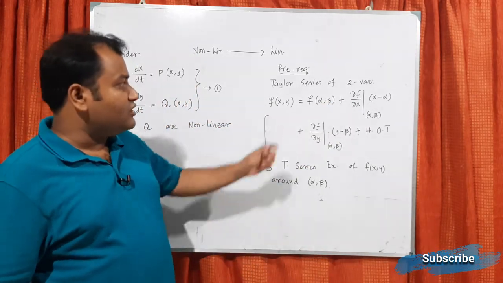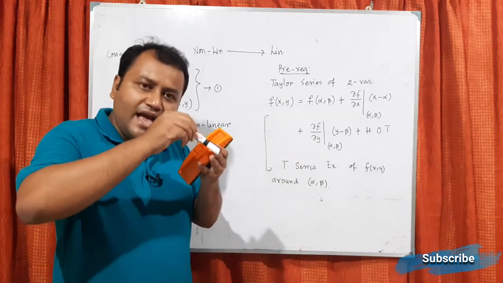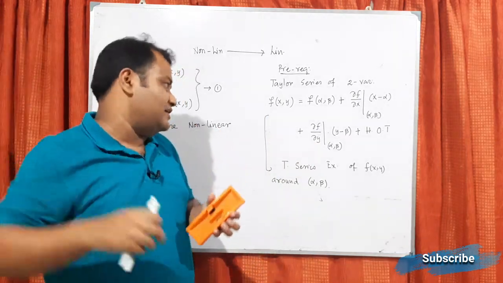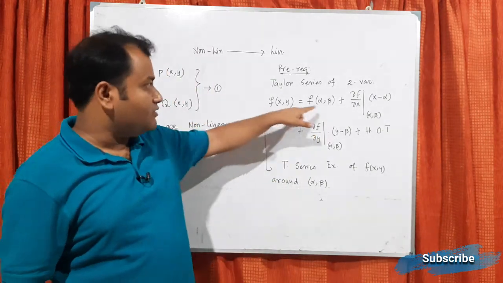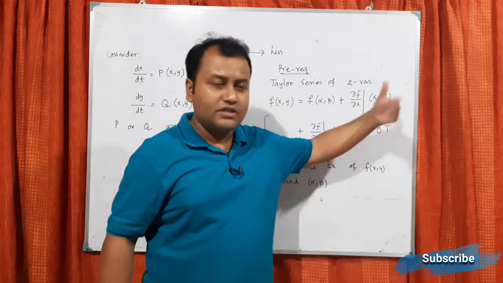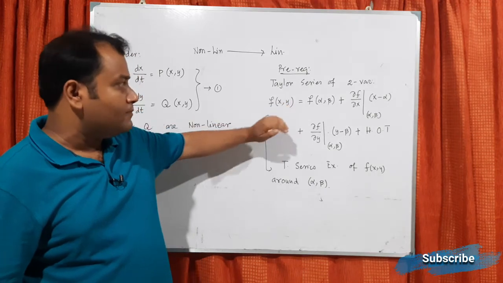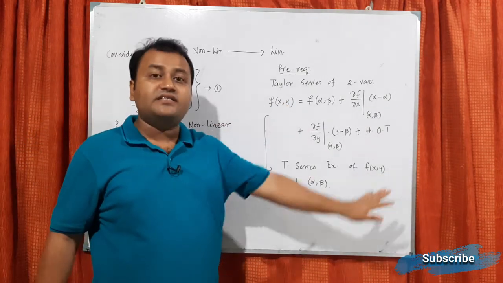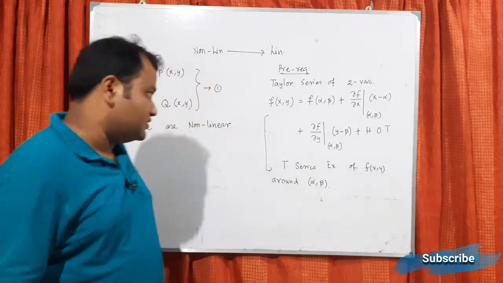The procedure is that a function can be written as an infinite series expansion around that point, using the value of the function at that point and the derivatives at that point, and of course the higher order terms. This infinite series expansion is called the Taylor series expansion of the function.